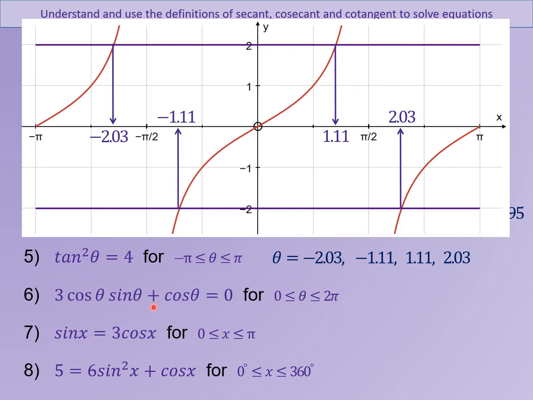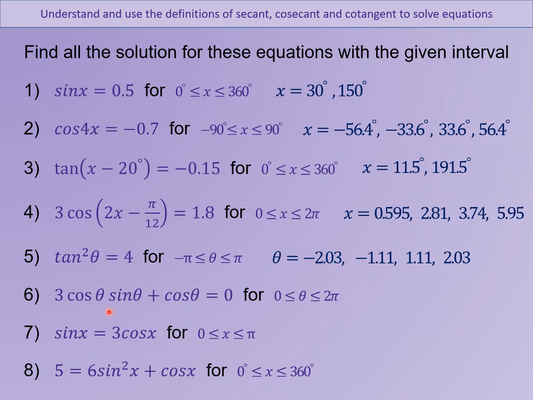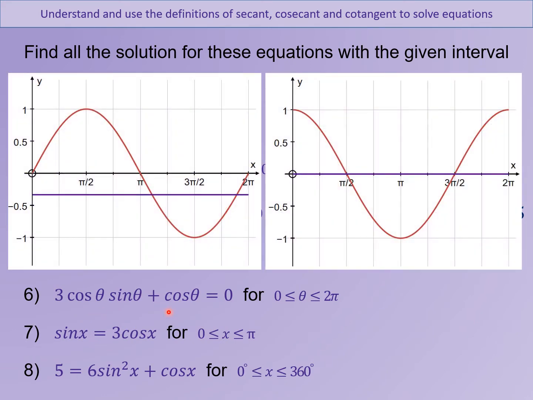But just be aware, you can just factorise this. And if you factorise it, what you're going to end up with is cos theta brought out, and inside the brackets, 3 sine theta plus 1. Cos theta times by 3 sine theta plus 1.